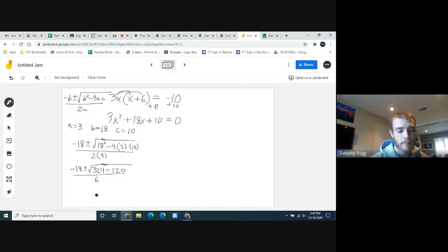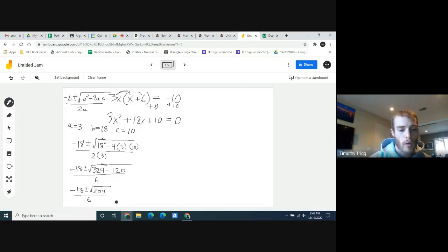That's 6. So it's going to be negative 18 plus or minus the square root of, so what's 324 minus 120? Well, that's 204. Divided by 6.